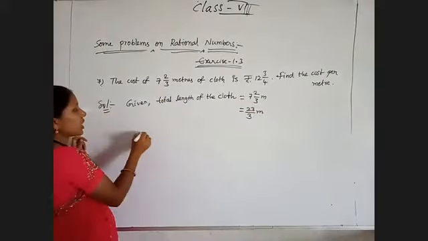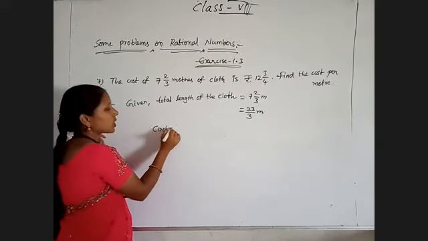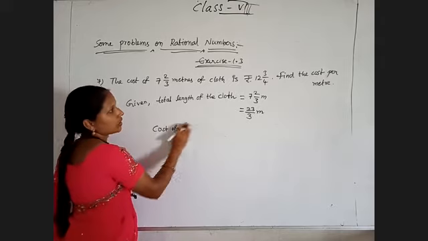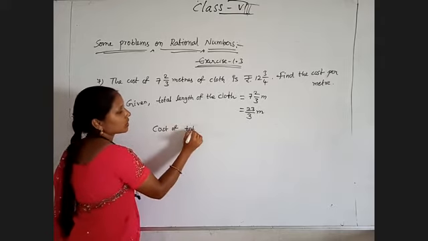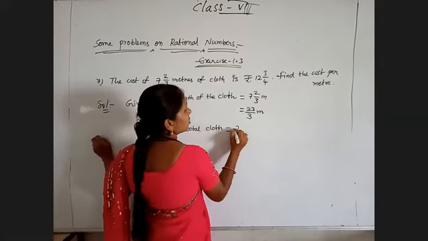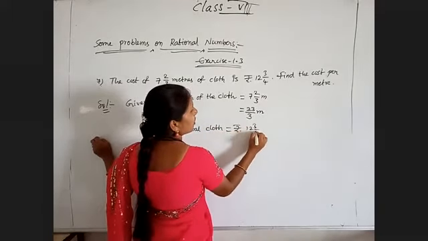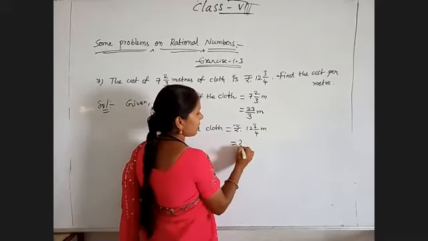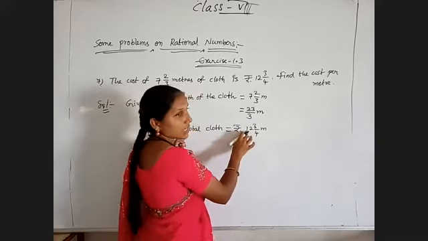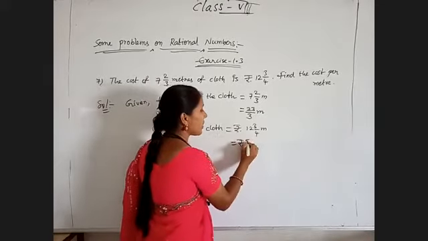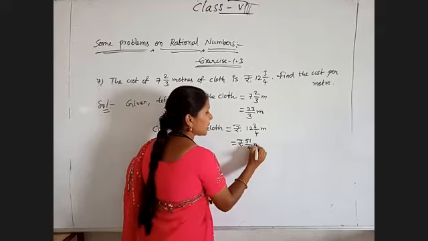And the cost of cloth, given cost of the total cloth is equal to 12 3 by 4. So again it is a mixed fraction, convert it into improper fraction: 12 4s are 48, 48 plus 3, 51 by 4.